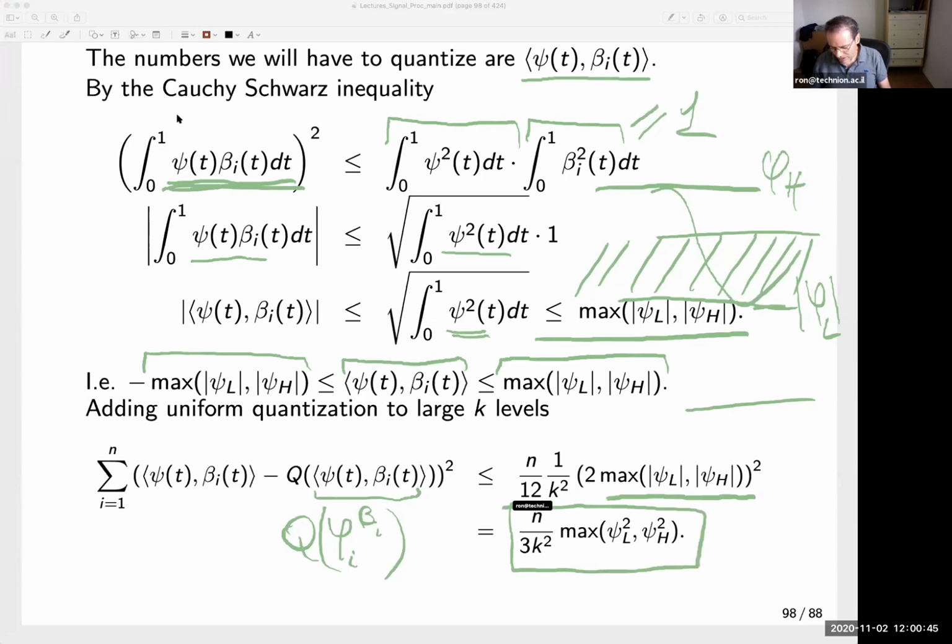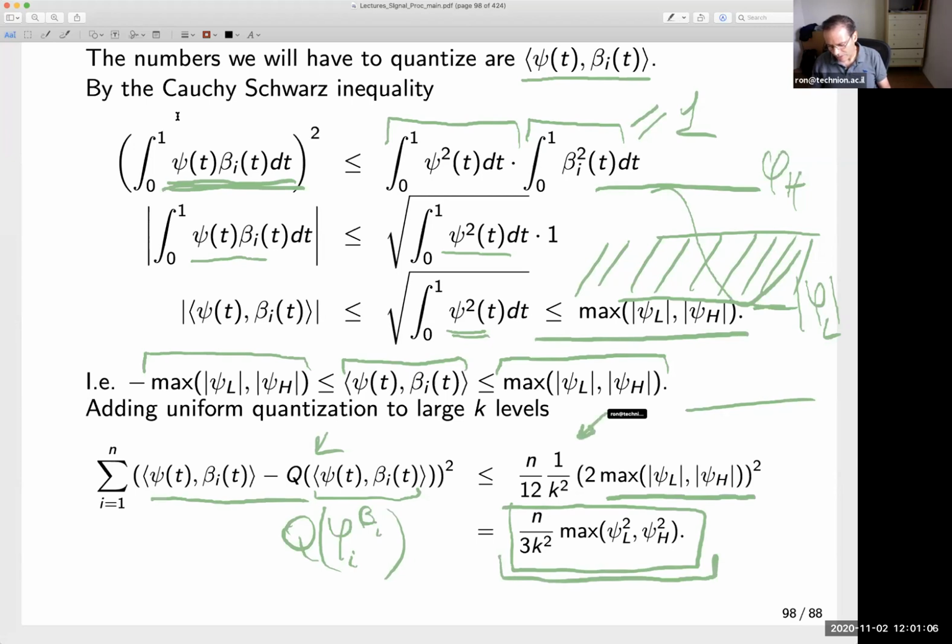Okay, so again, using the Cauchy-Schwarz inequality, we can show that the error of projecting my psi onto betas and then quantizing is smaller than this part. And we use our equation from before that allows us to quantify the quantization error when projecting into k numbers.